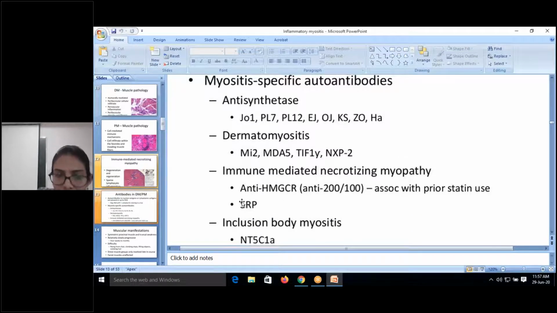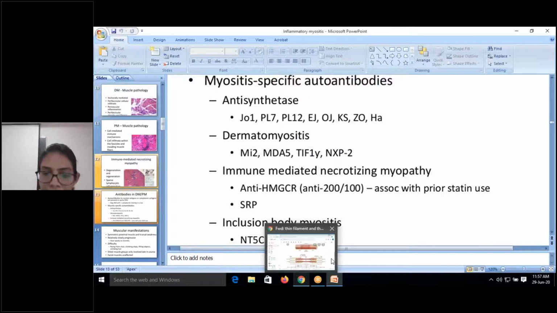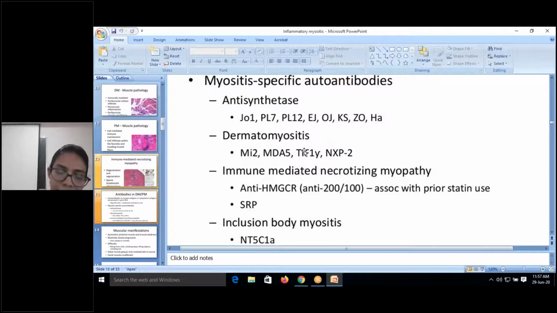In necrotizing myopathy, you have to remember anti-HMG CoA reductase antibody, which is 200/100. It is associated with prior statin use. After statin use, some patients can develop more than 100 times elevation in creatine kinase. That is to do with necrotizing myopathy. Then you have SRP antibodies.